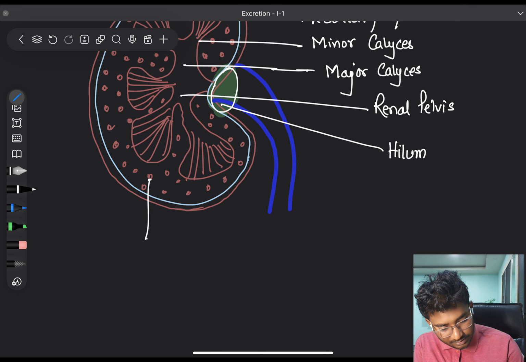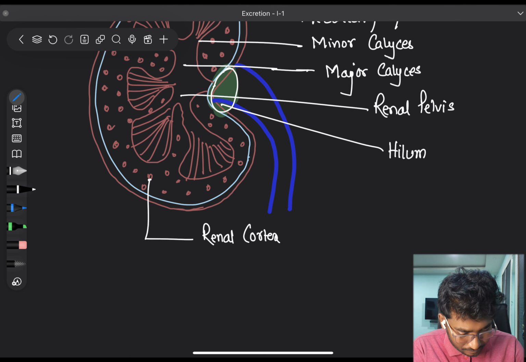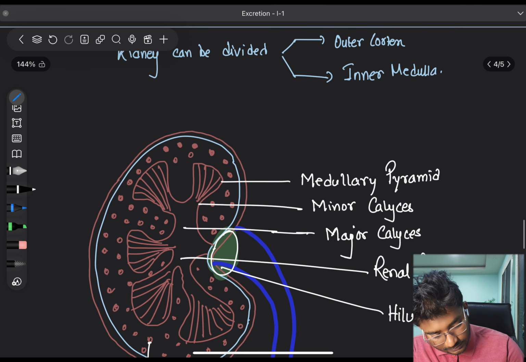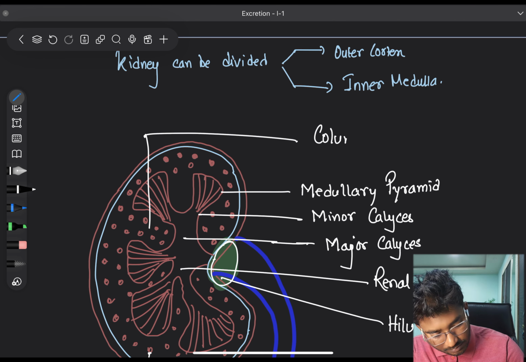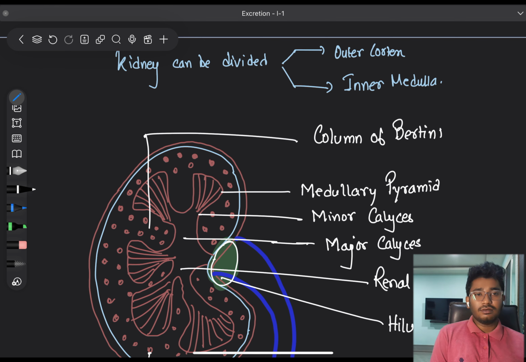Okay, this is the renal cortex. This is the column of Bertini.